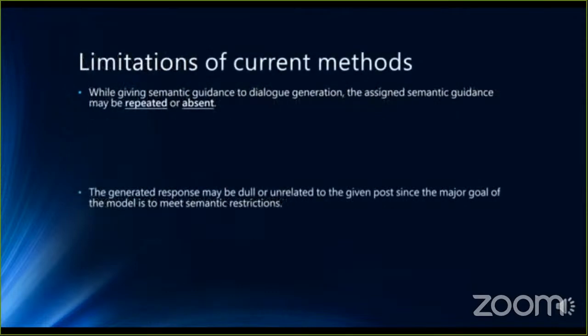While implementing current methods to meet our goal, we face some difficulties. The first is that when giving semantic guidance to dialogue generation, the assigned semantic may be repeated or absent. In addition, since the major goal of the model is to meet semantic restrictions, the generated response may be dull or unrelated to the given post.